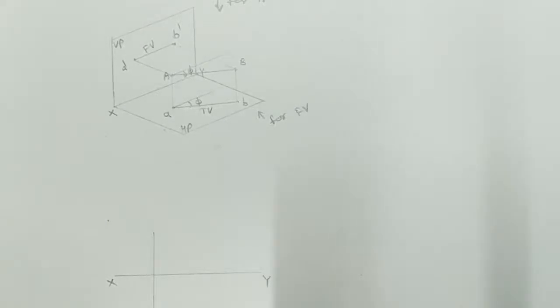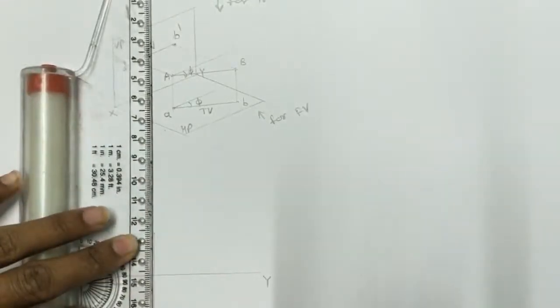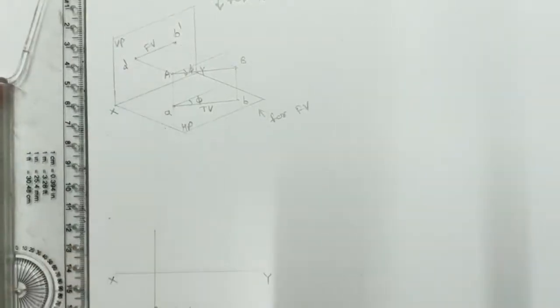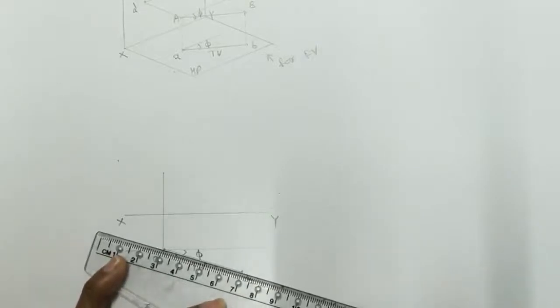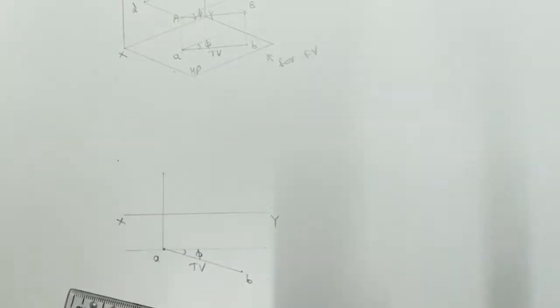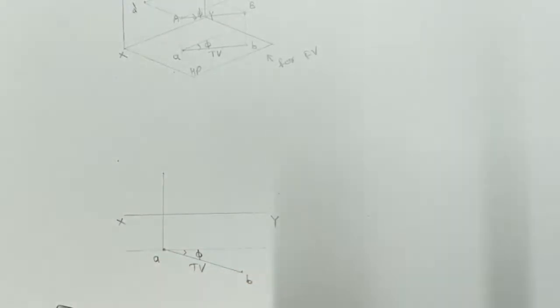Give the names as point A and B, as it is the top view. This line I have drawn random, and its name is point A and point B, which is the top view, and angle phi.